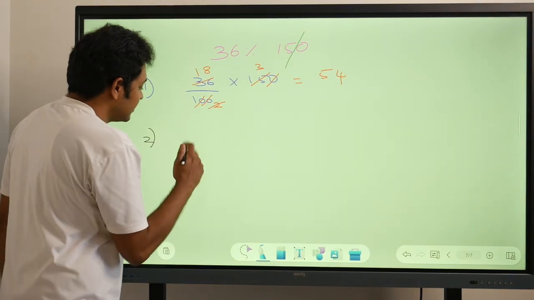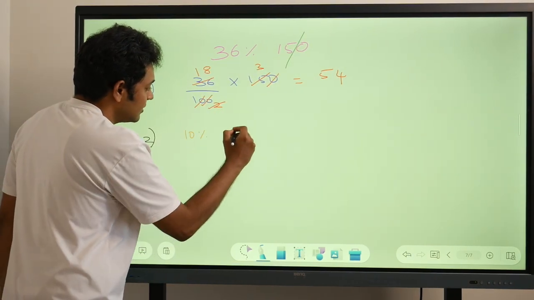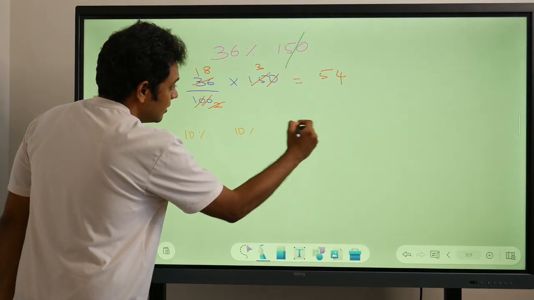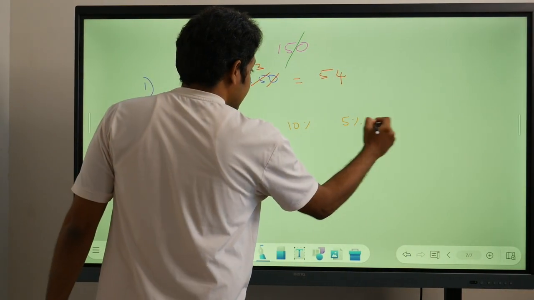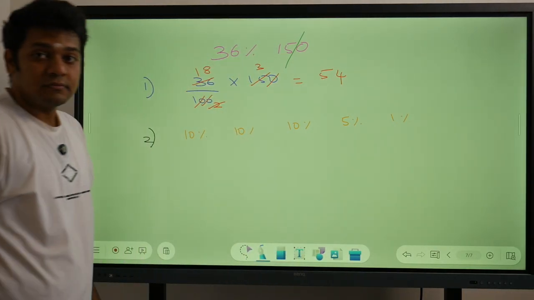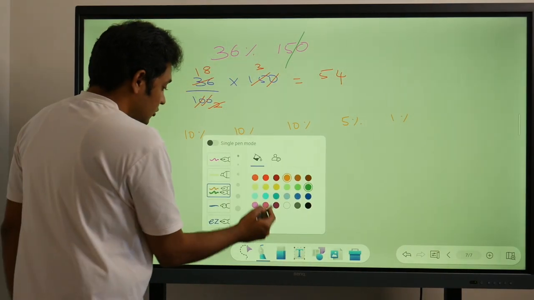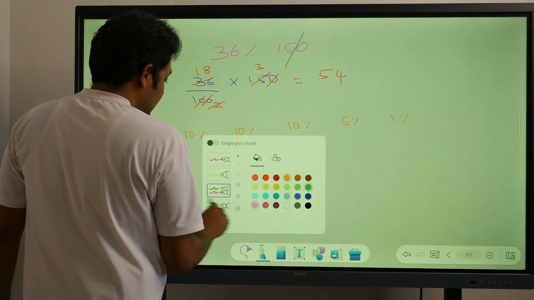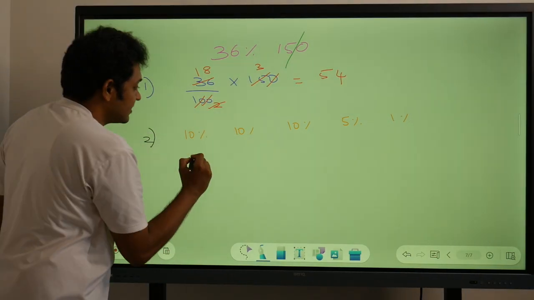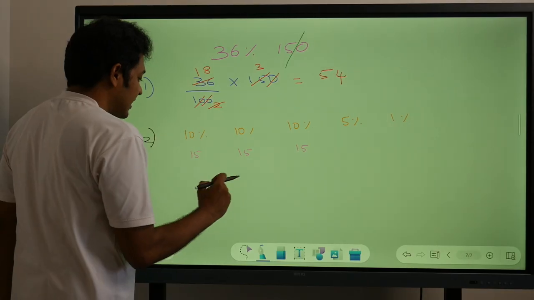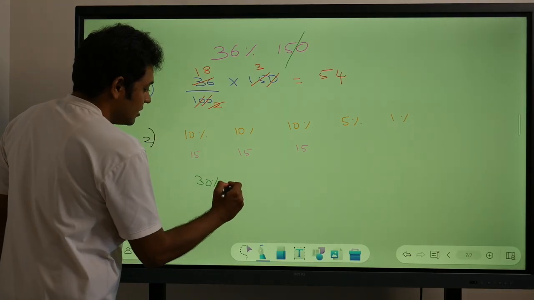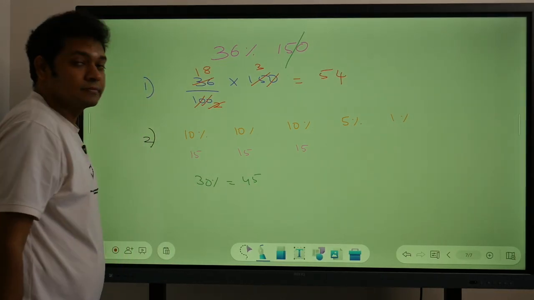So 36% I can separate as 10%, 10%, 10%, plus 5%, 1%. What is 10%? 15, 15, 15. Therefore, 30% is 45.